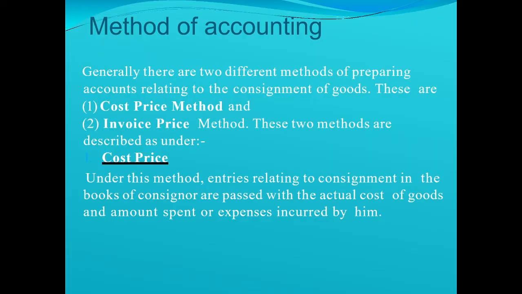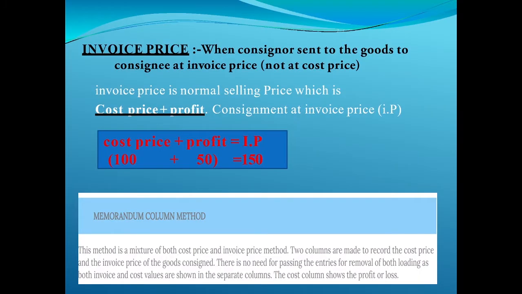Okay, methods of accounting. There are three methods: cost price method, invoice price method, and memorandum column method. The memorandum column method is the new one, which I have not covered in the earlier two videos. This method is a mixture of both cost and invoice price.